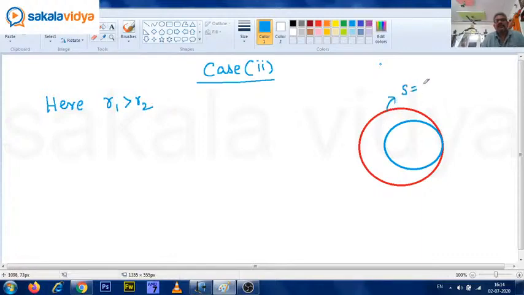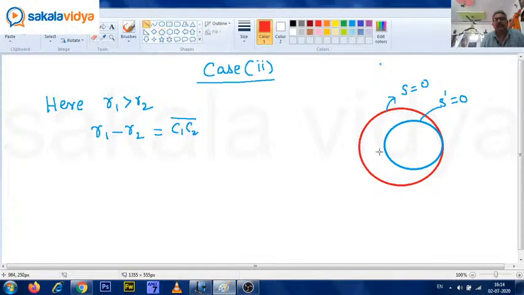S is equal to 0, S dash is equal to 0. R1 is greater than R2 here, and also R1 minus R2 equals C1 C2, the distance between the two centers.